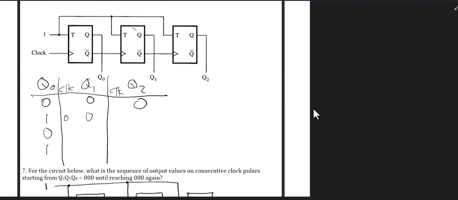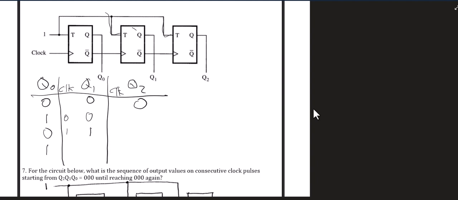Now, the next clock cycle, Q0 is 0, which means Q bar is 1. So our clock is now 1. Okay, so now something is going to happen. The clock is 1. We just reached an active edge, and it's a T flip-flop, and the input is 1, so it's going to toggle.